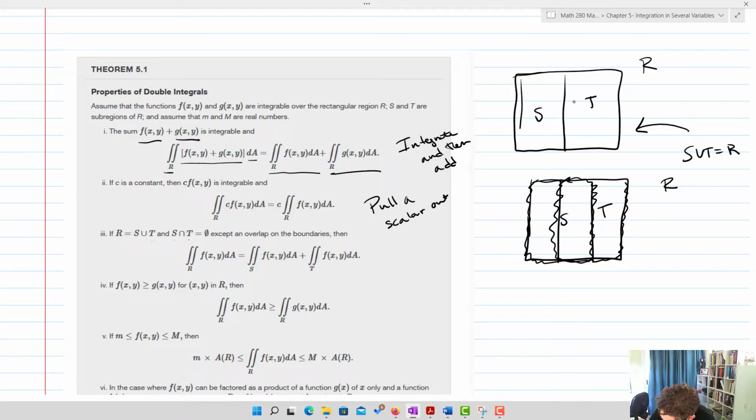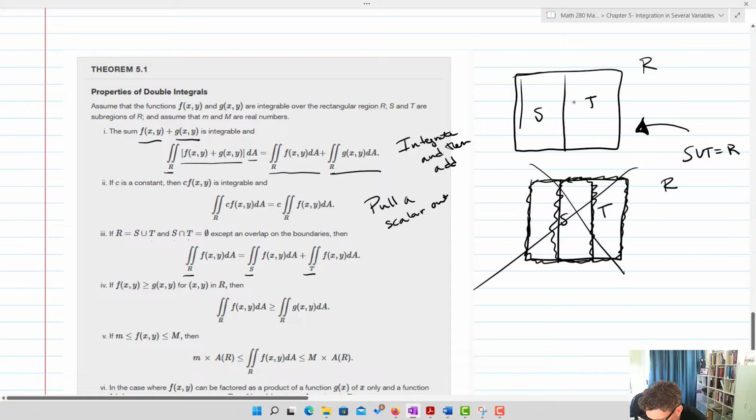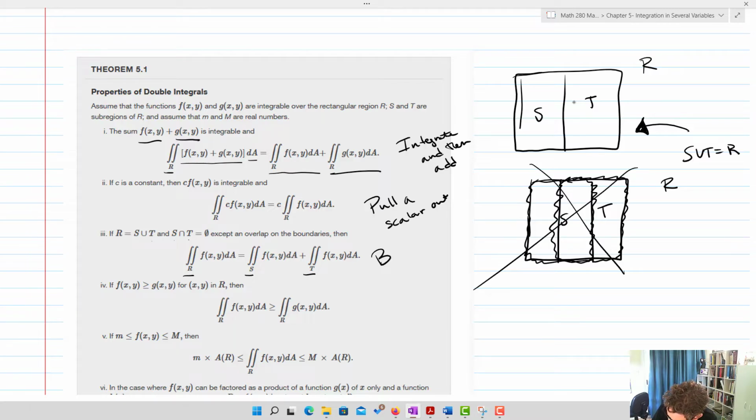That's a non-negligible overlap, so that can't happen. It's more something like this, right there, no overlap. And what that allows us to say is, okay, then I can break up R into the region S and the region T. So this is break up the region.